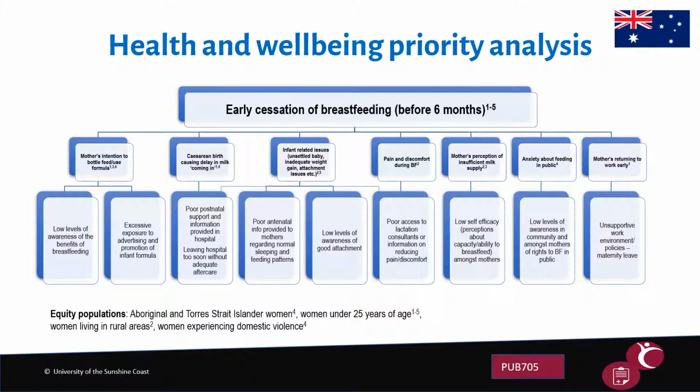So if we have a look at the first immediate determinant, which is mother's intention to bottle feed or use formula, then what contributes to a mother's intention to bottle feed and use formula are low levels of awareness of the benefits of breastfeeding, and excessive exposure to advertising and promotion of infant formula. So those two determinants contribute to that intention of the mother.